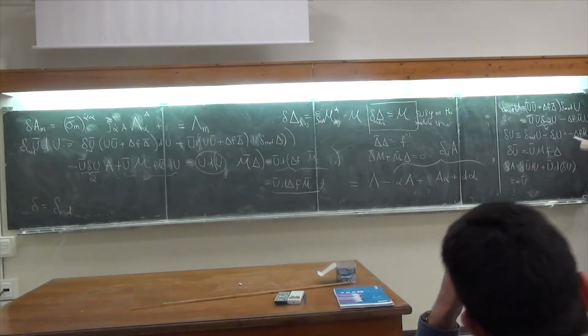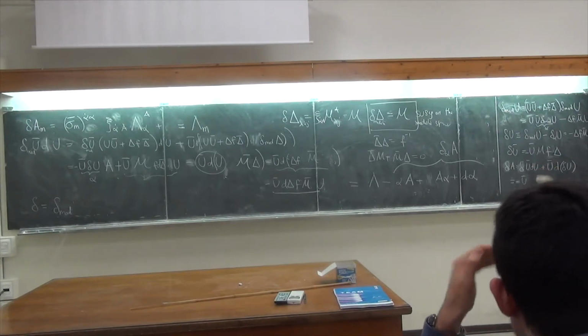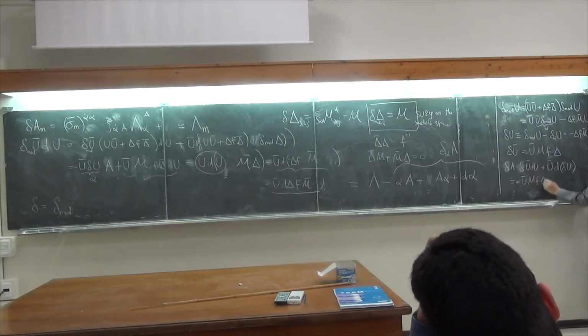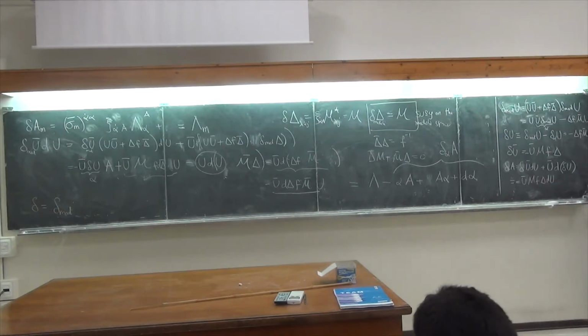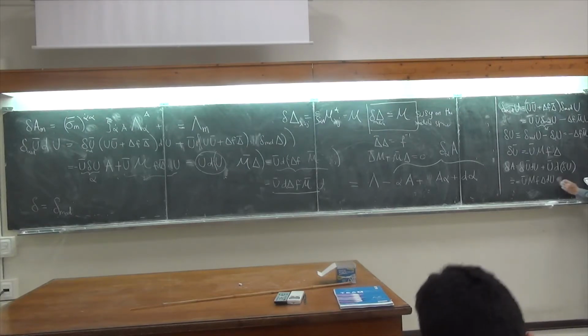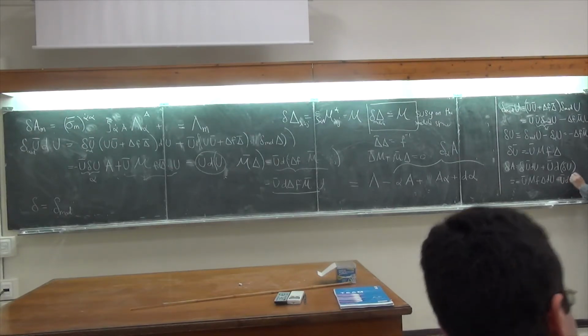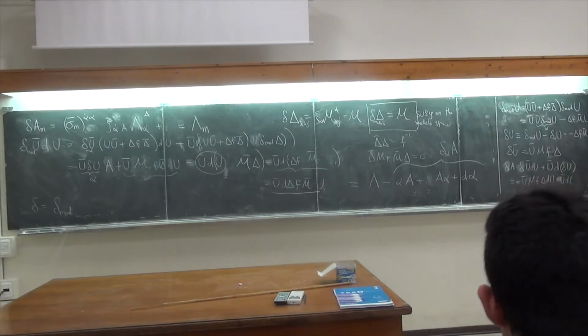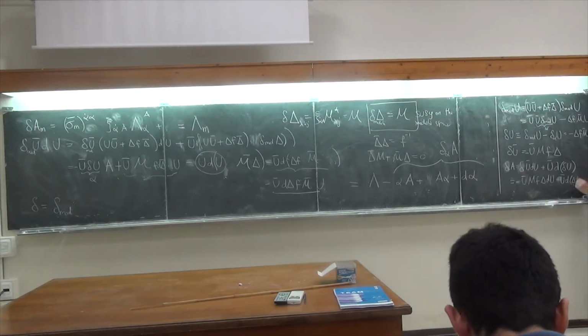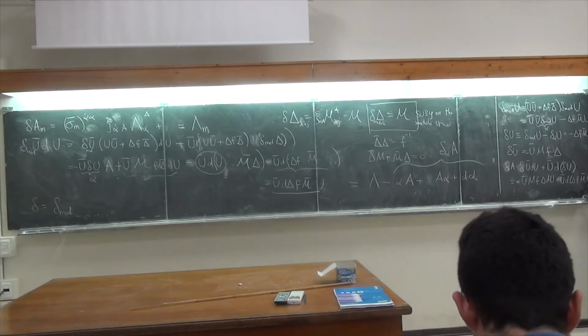This was minus, minus U bar N F delta dU. And this guy is plus, minus U bar D of delta U was this, delta F N bar.